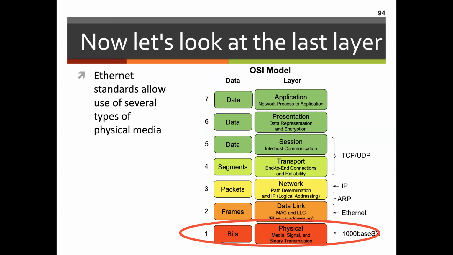Okay, so now let's look at our last layer in the OSI model, the physical layer. And the physical layer is basically going to represent the means and mechanisms that we have for transmitting our raw bits over our data link components.